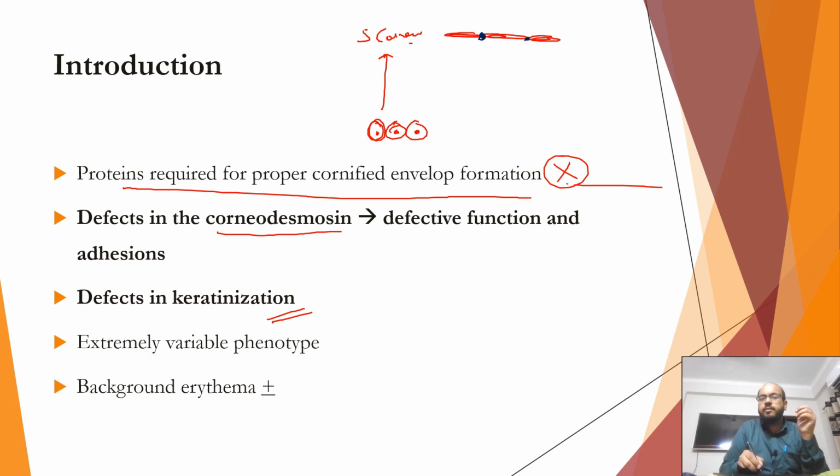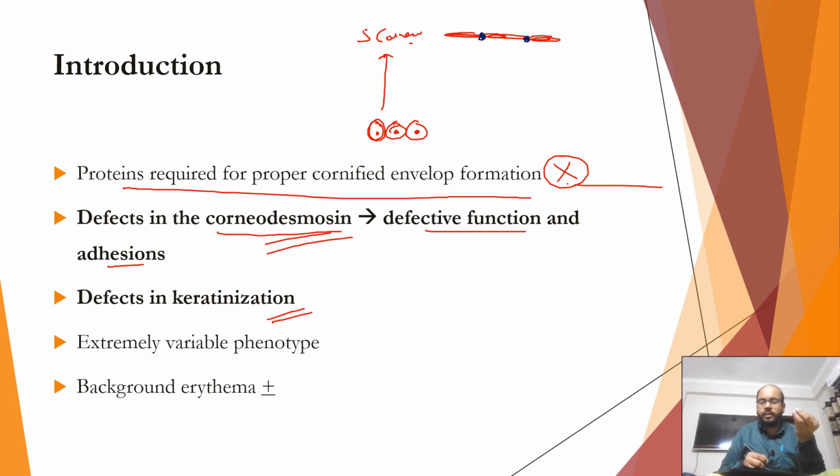So they are responsible for attaching these dead corneocytes together. The major protein required for the construction of corneodesmosomes is corneodesmosin. Clear? So if there's a problem in corneodesmosin, it will have defective function and adhesion, and the cells will not be attached together, leading to exfoliation, desquamation. And that is why you see those scaly disorders like ichthyosis.